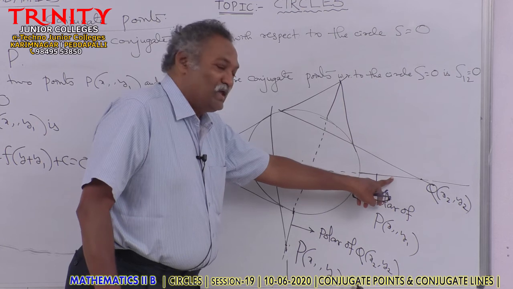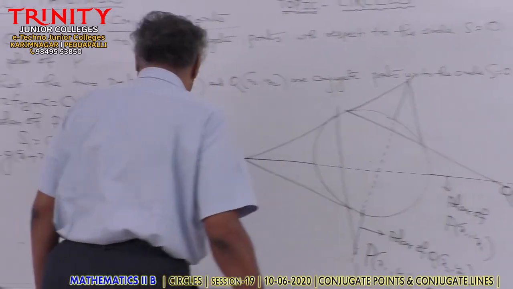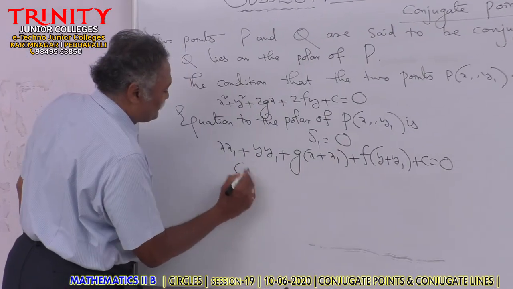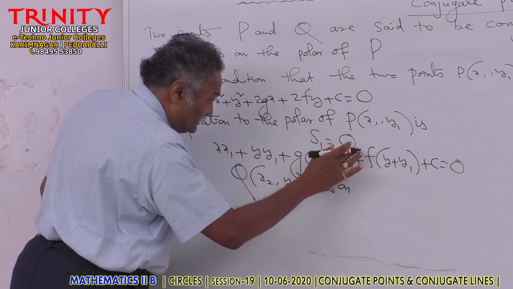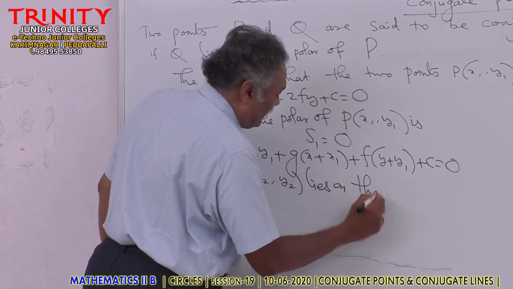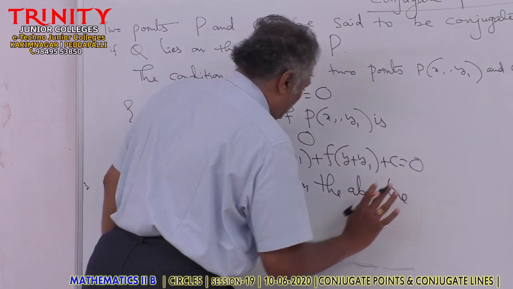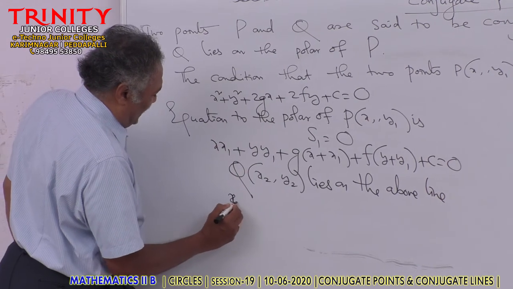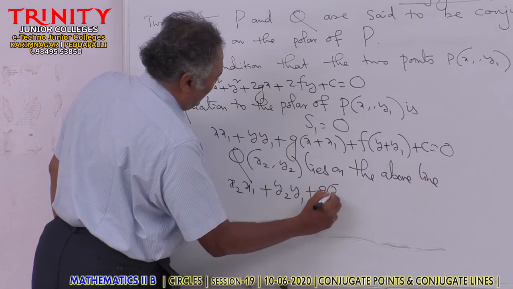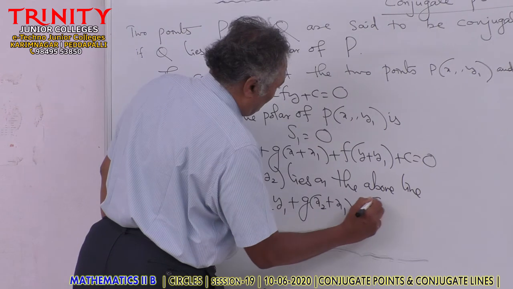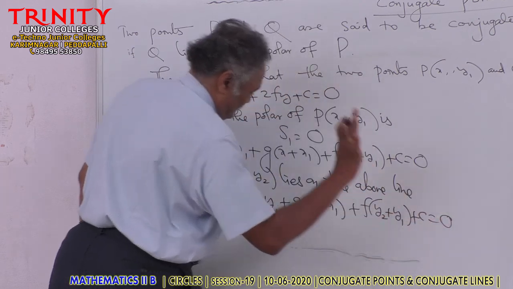Equation to this line is S1 equal to 0. Here this point lies on this line. So Q of x2 comma y2 lies on the above line, or on the polar of P. Therefore x2 x1 plus y2 y1 plus g of x2 plus x1 plus f of y2 plus y1 plus c equals 0.